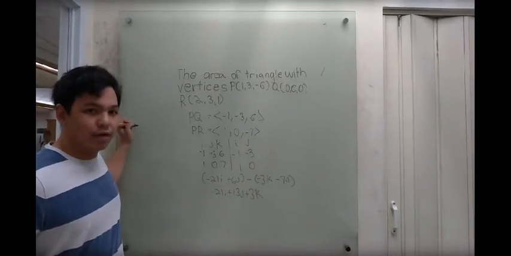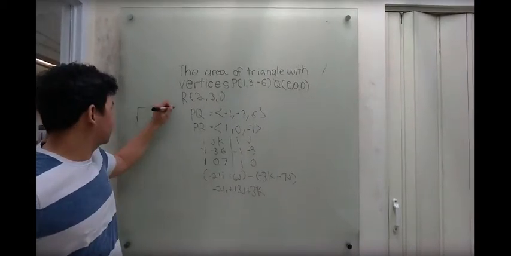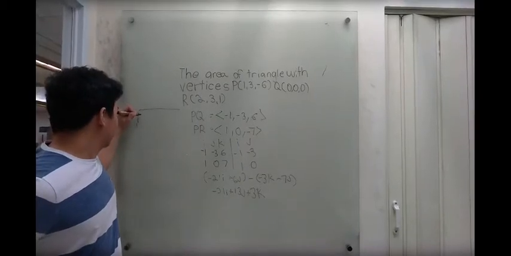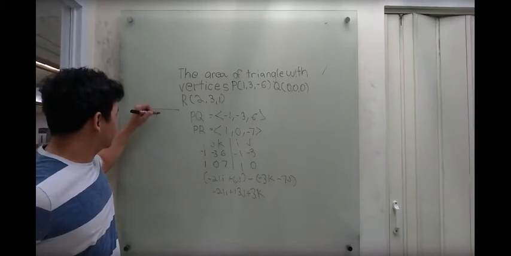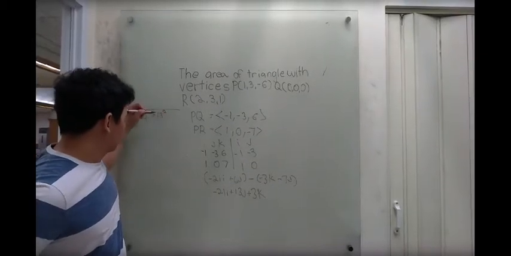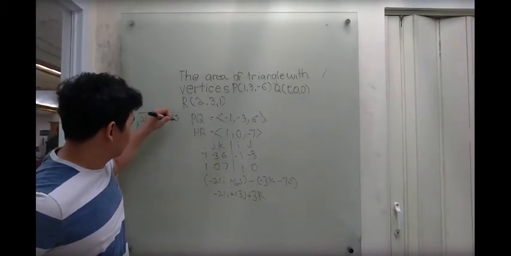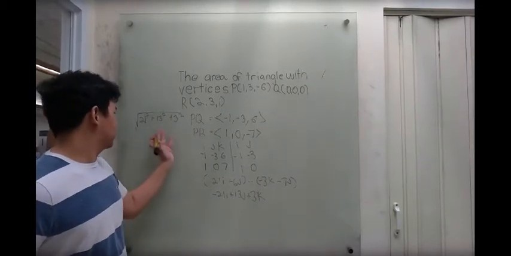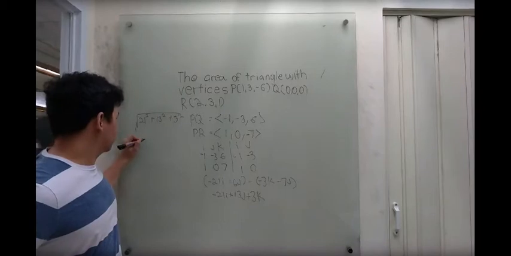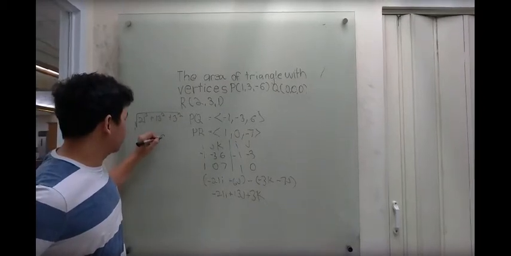How to do that is you take the square root of 21 squared plus 13 squared plus 3 squared. In this, we're going to get the square root of 619.